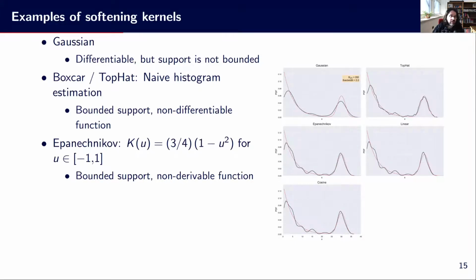We have other kernels like the Epanechnikov. This is defined by these functions. It has a shape similar to the Gaussian, although it is not exactly that, but it is kind of similar. But contrary to the Gaussian kernel, we have a bounded support.